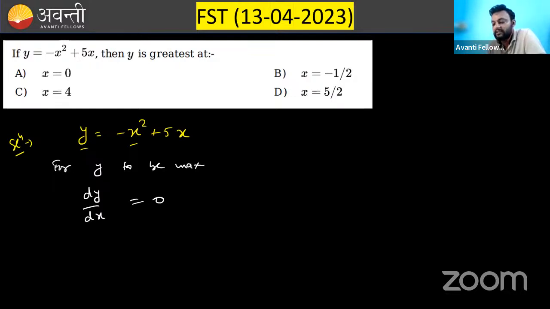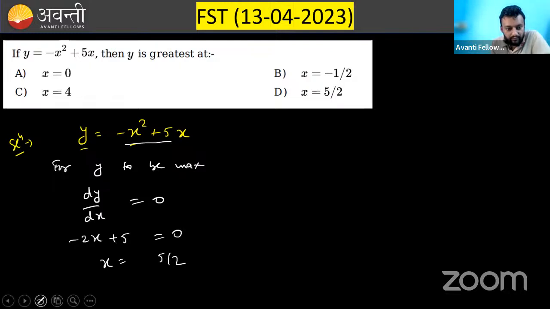This is the condition of maxima or minima. However, there is another approach, the double differentiation, to find whether it's a maxima or minima, but the necessary condition for both cases is dy over dx equals 0. If you differentiate this, it becomes minus 2x plus 5 equals 0. So x is equal to 5 by 2.